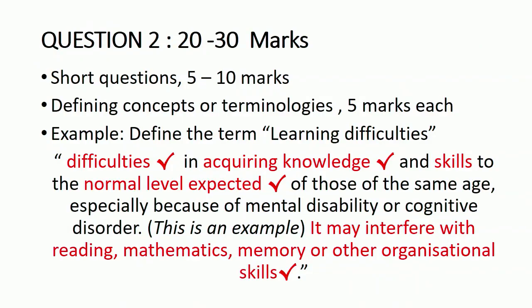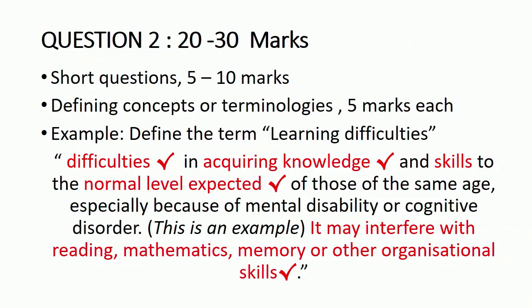Question 2 is out of 20 to 30 marks. They are short questions from 5 to 10 marks. It's based again on defining concepts or terminologies, and I've given you an example of how you need to write a definition. If one asks, what does the term learning difficulties mean?